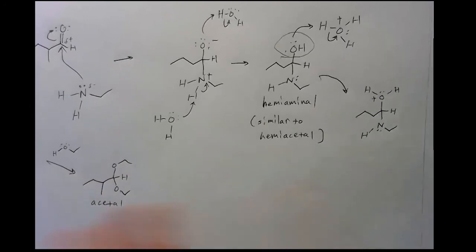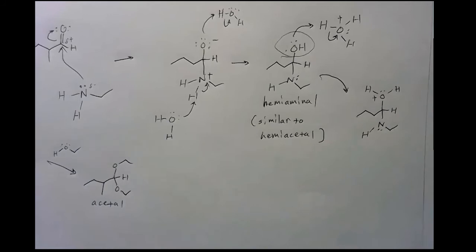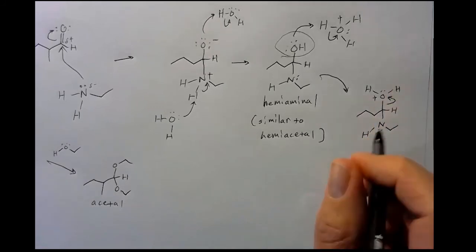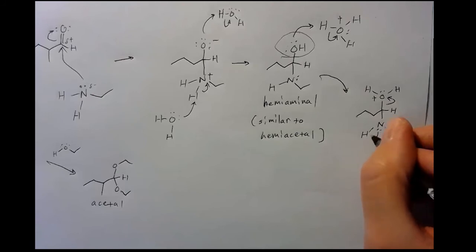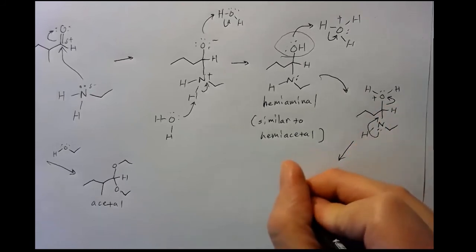Now we've created a good leaving group up here with our oxygen that's positively charged. So that's our water-based leaving group. Now we can eliminate our water. We can pull that off, and then we can also bring down our electrons here from the nitrogen and form a new double bond.